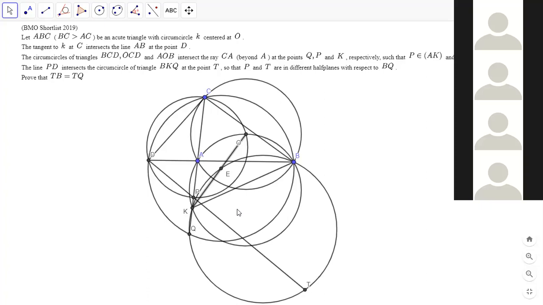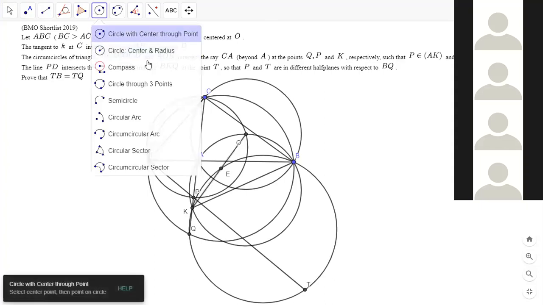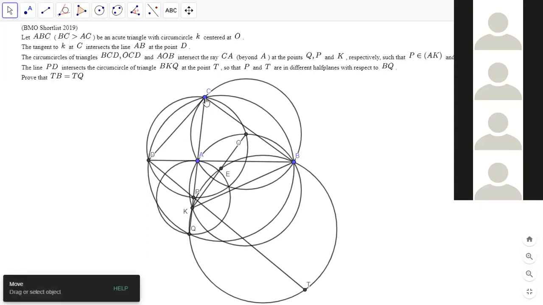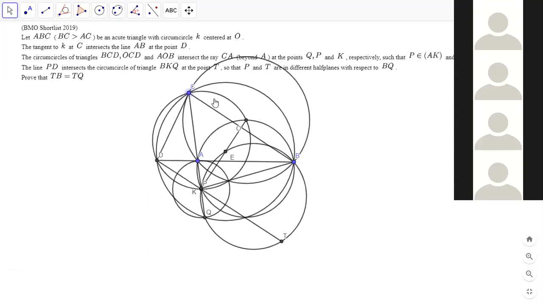I think we need P is the midpoint of QA. Interesting. Yeah, it must be the midpoint. It almost looks like that's probably a coincidence, but do these concur? I doubt it. Let's see. Oh, it looks like they do.